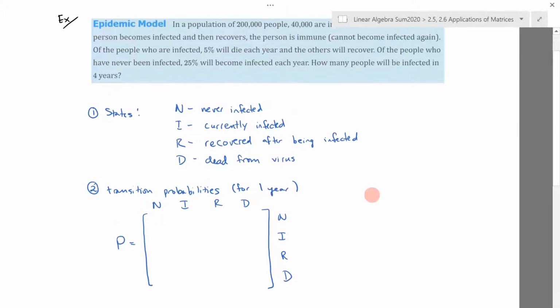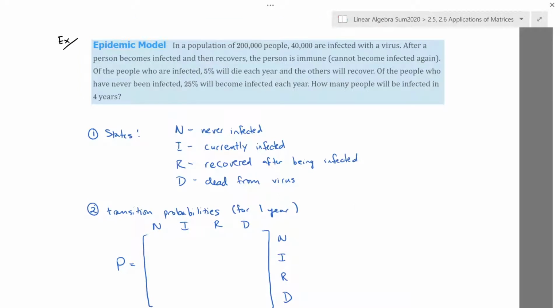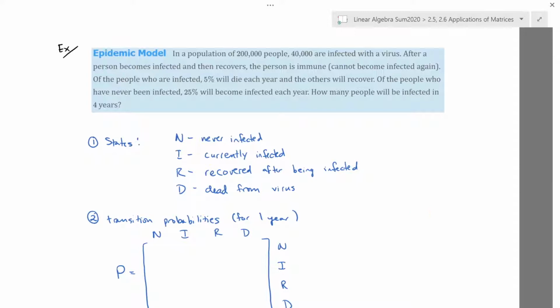Okay, so what are the different transition probabilities? Let's look back at the problem. It says that of the people who are infected, 5% will die in each year, and the others will recover. So these are where the initial state is infected.